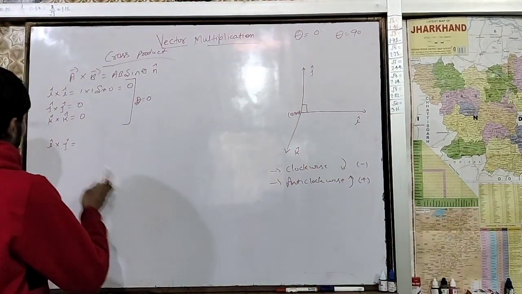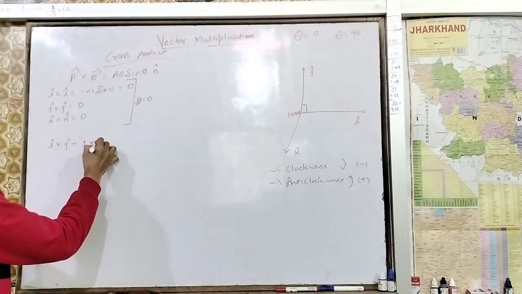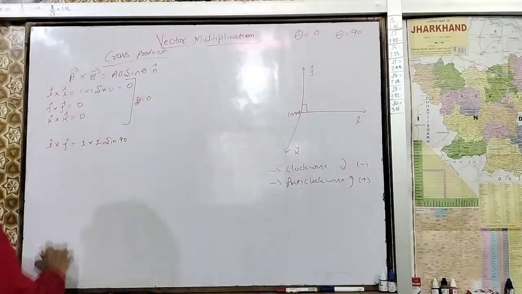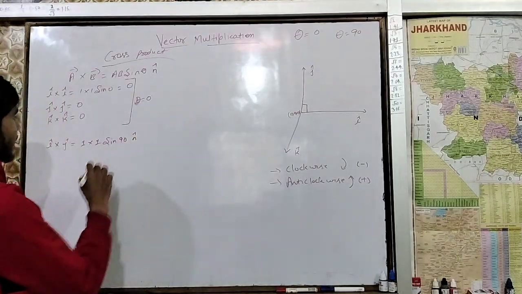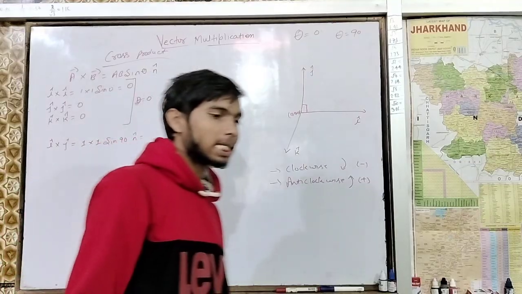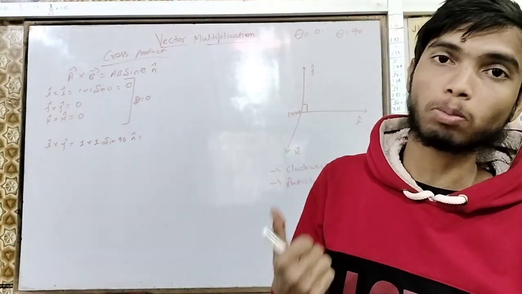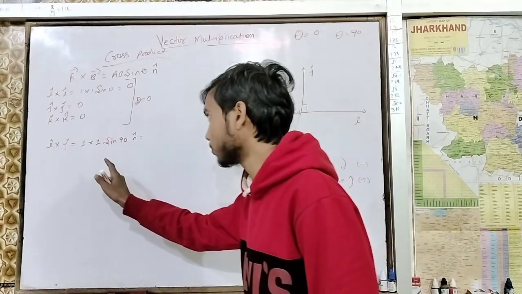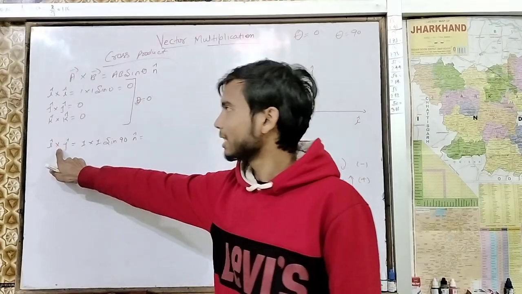So the magnitude of this first vector is going to be 1 cos 1, 1 sine 90, and n cap. I will tell you what n cap is. n cap is nothing but the next axis, which is not present in this vector.